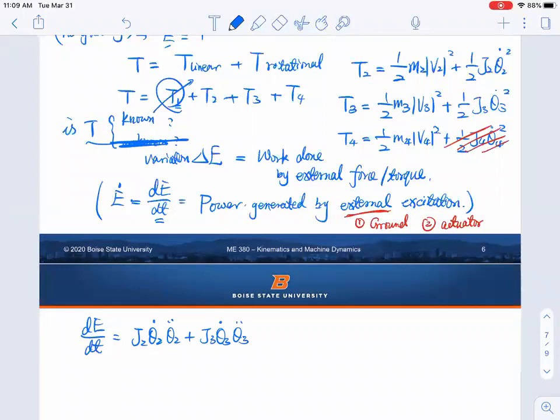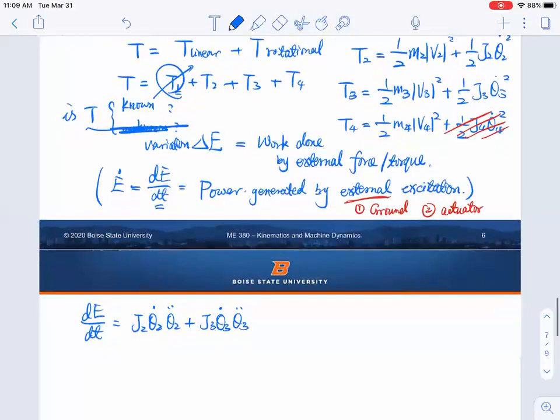But then how about the linear kinetic energy? Let's take T2 for example. Your T2 linear is half m2 v2 square. We know that m2 is constant. The only thing that is time varying is your v2. But your v2 is actually an absolute value. It's really hard to calculate these, right?